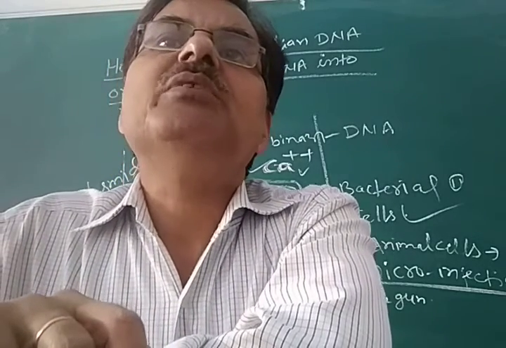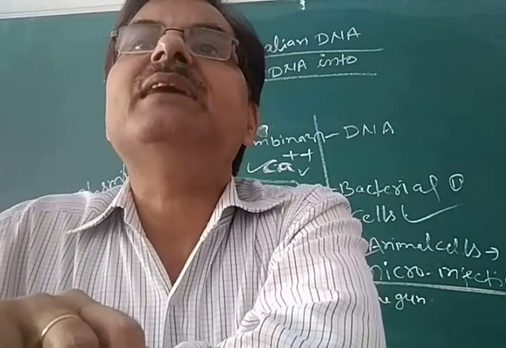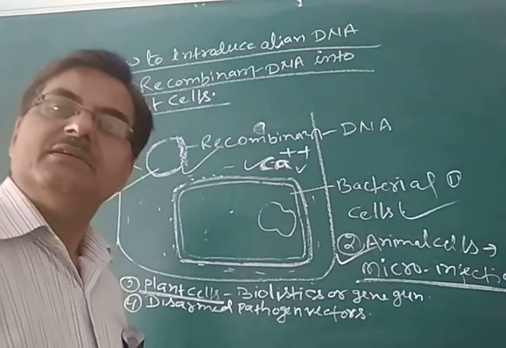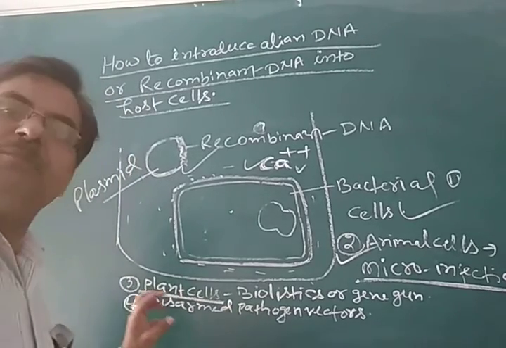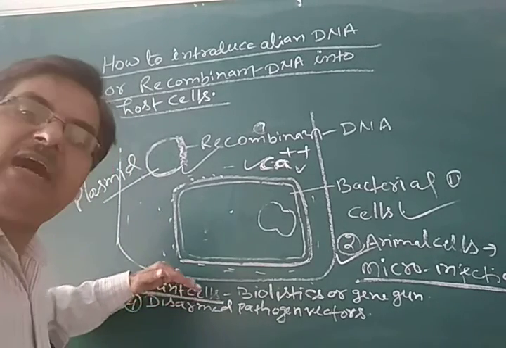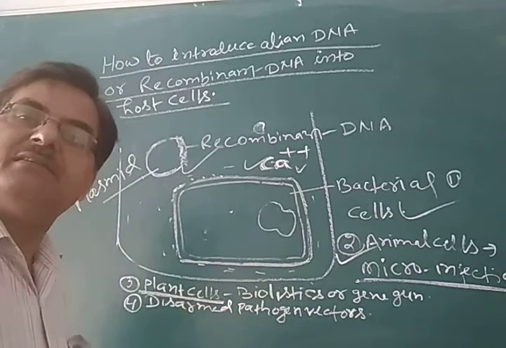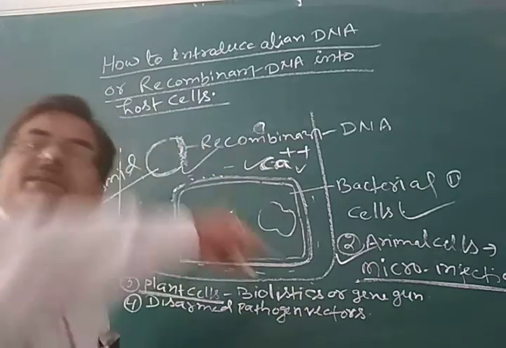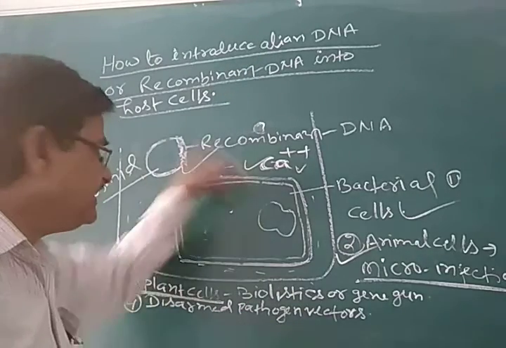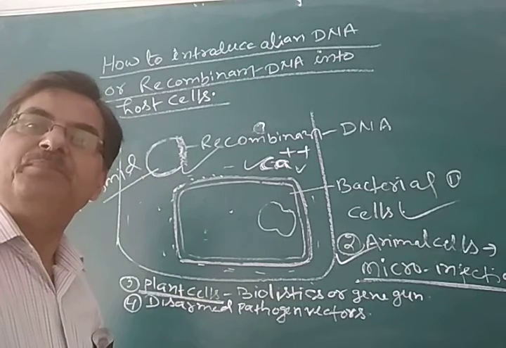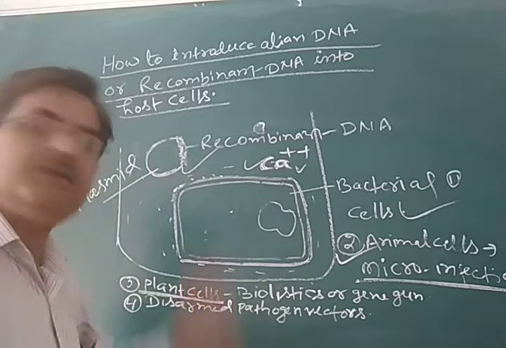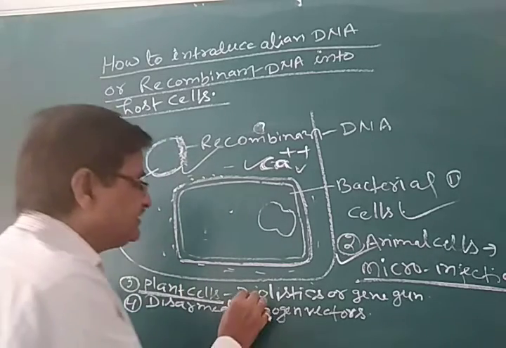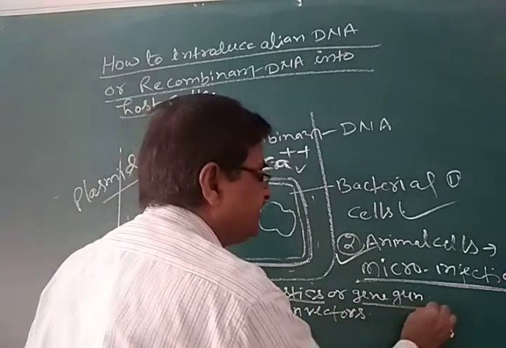What we do, we bombard the plant cells with high velocity microparticles of gold and tungsten coated with this recombinant DNA. This helps to introduce the recombinant DNA into the plant cell, and this is called the biolistic or gene gun.